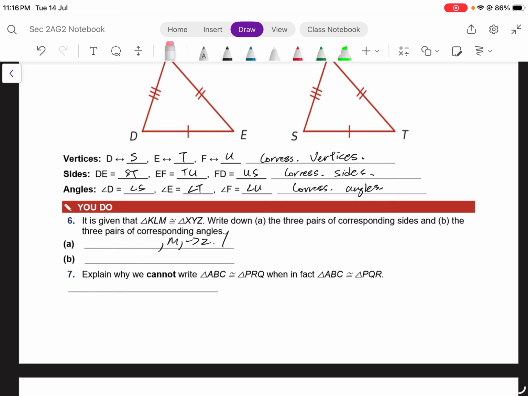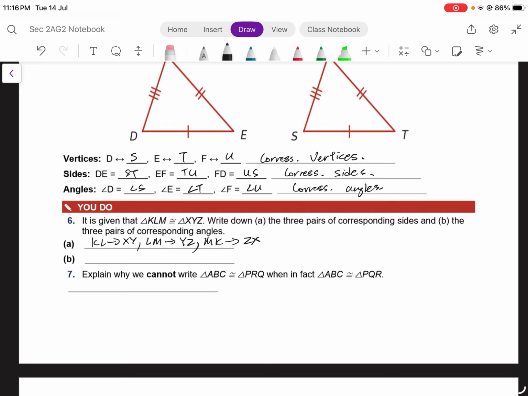My mistake. So this one is sides, right? So KL is to XY, LM is to YZ, and MK is to ZX.